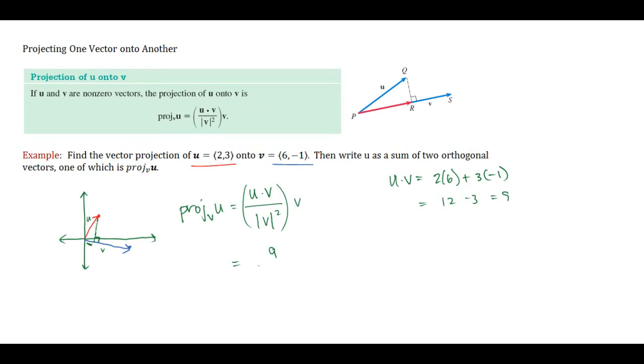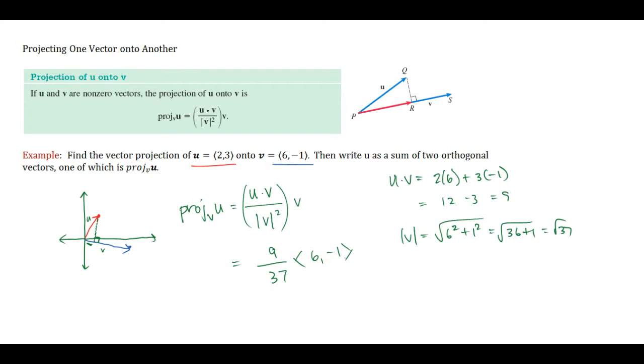So we have 9 over, now the magnitude of v. Let's see what the magnitude of v is. 6 squared plus 1 squared, all square rooted. So that is 36 plus 1, square root of 37. But that gets squared, so that is just 37. And multiplied with vector v, which is (6, negative 1).